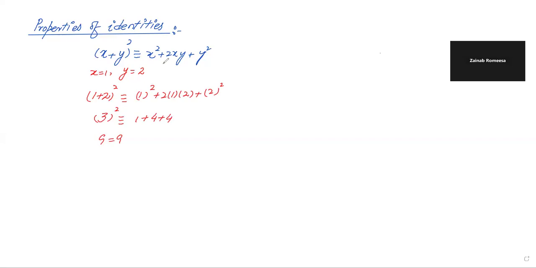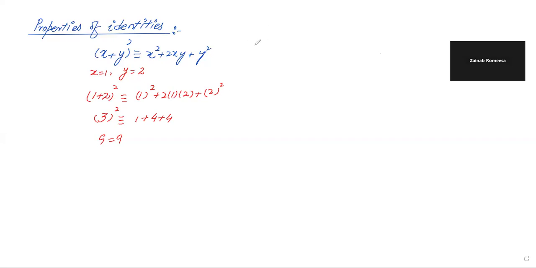We have already used this concept in the previous AS level when we were making a completed square form, where we have to use the properties of identity. What's the meaning of this one?